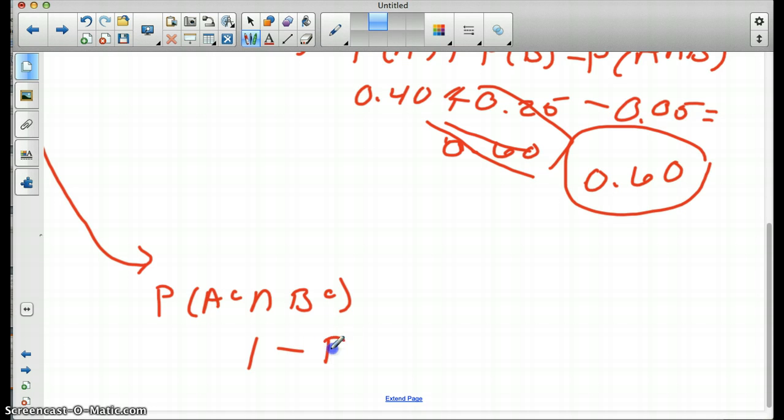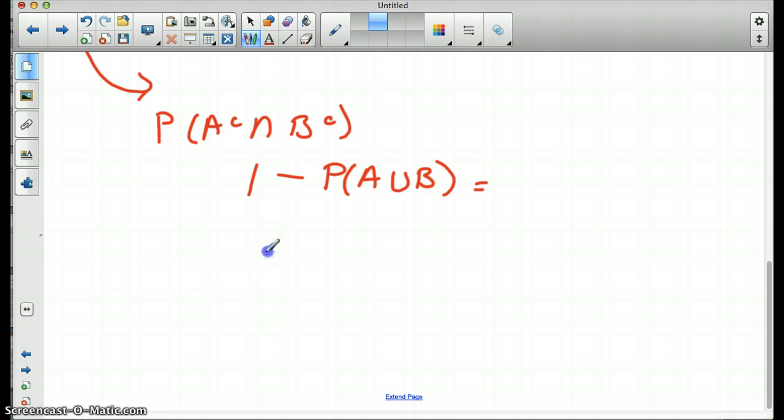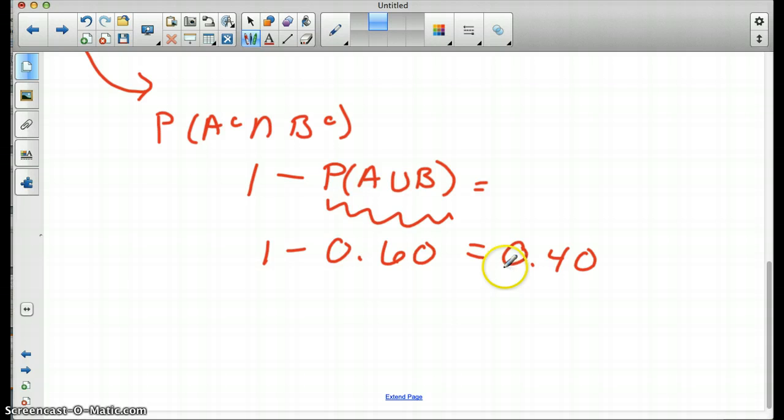I think we could really just acknowledge that we need to find the complement of the union of the two. There we go. We already did this in the last problem. That was 0.60, and so the probability that the person doesn't read either newspaper would be 0.40, or 40%.